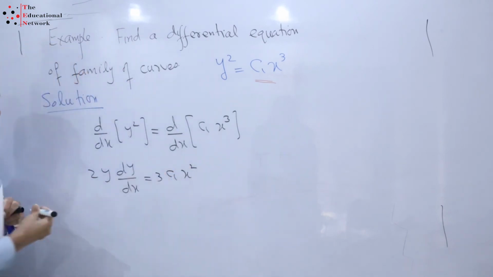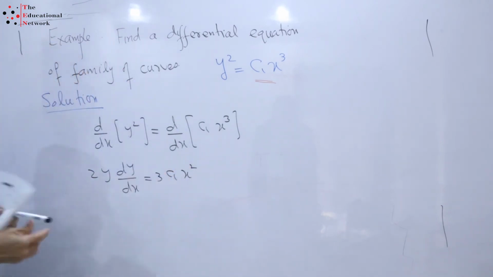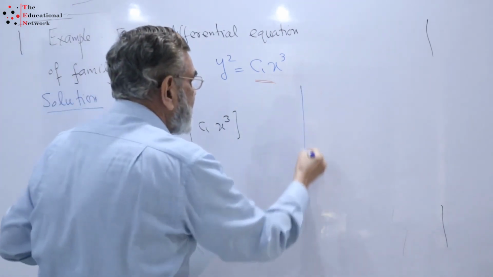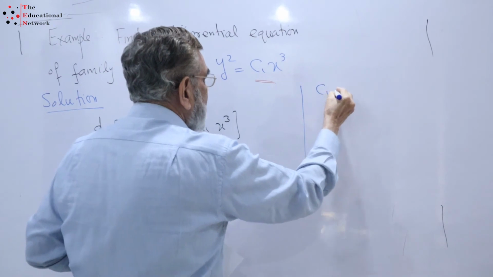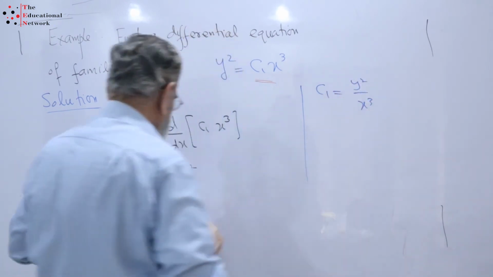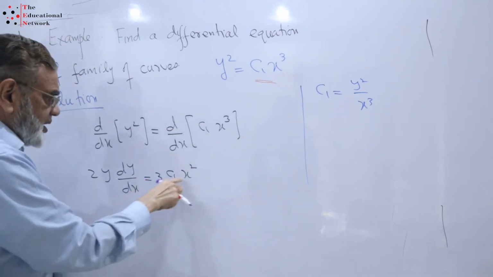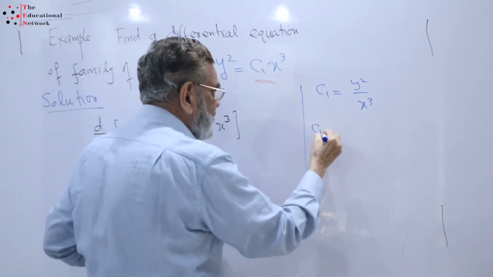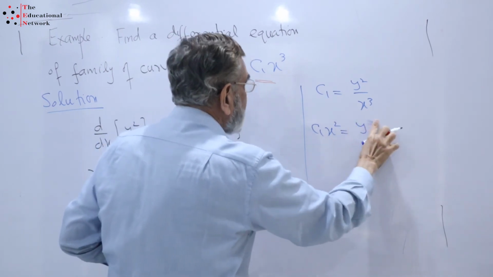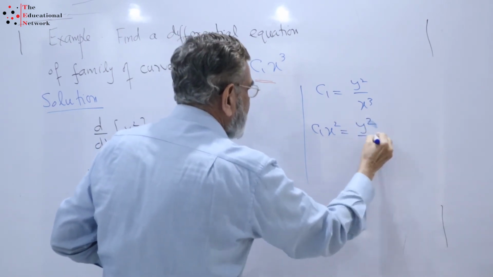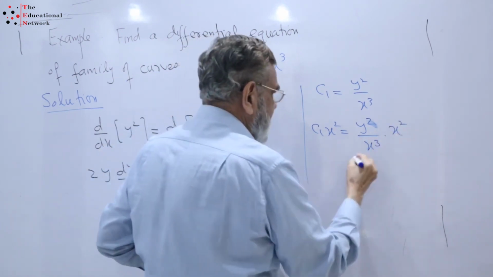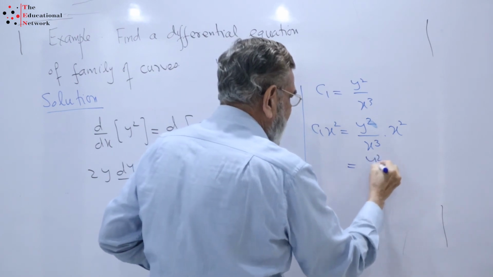Again, I want to find c1 and simplify this one. I come back to this and try to find the value of c1. So I get c1 is equal to y square over x to the power 3. So the value I want to substitute here is c1 x square. So c1 x square is equal to y square over x cube into x square. So that gives me y square over x.